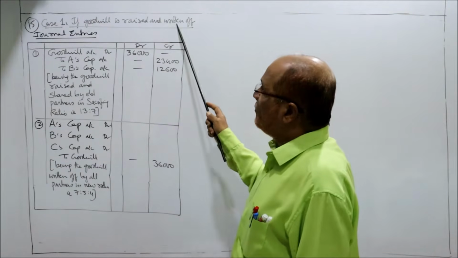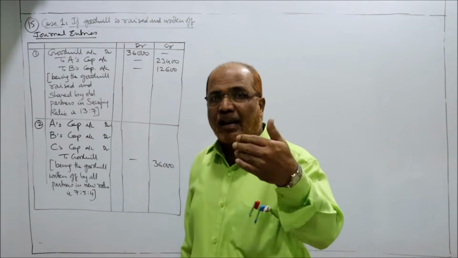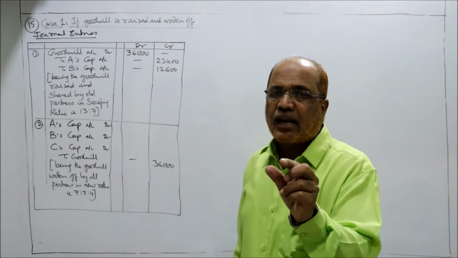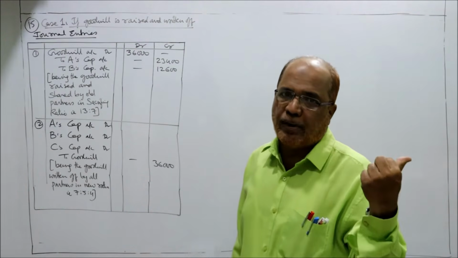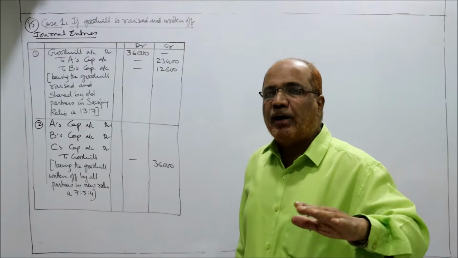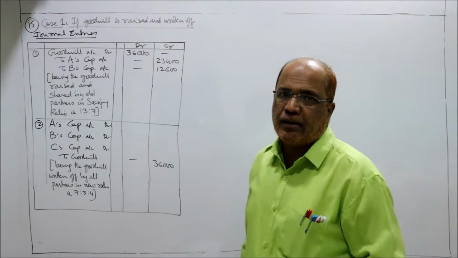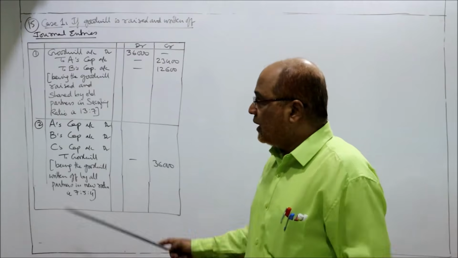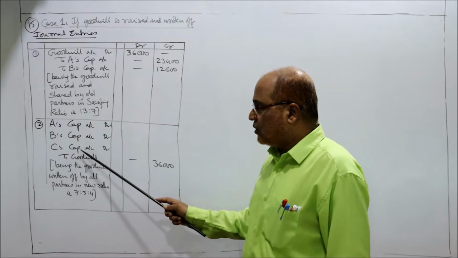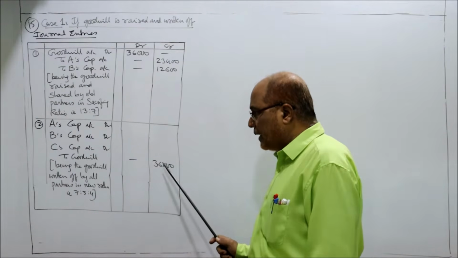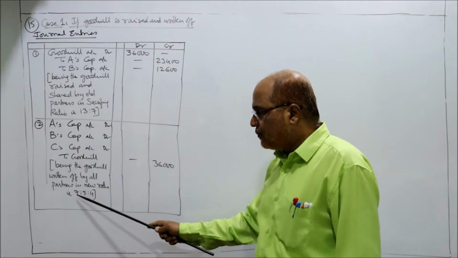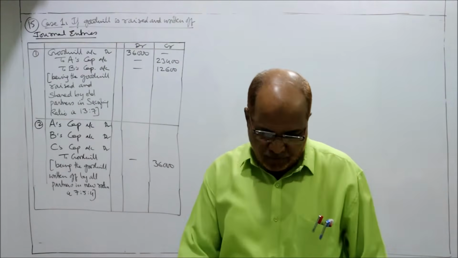And it is written off. After raising, I am saying write it off. At the time of raising, it will be shared by old partners. At the time of writing off, it will be written off by all the partners, including the new partner. So A's capital account debit, B's capital account debit, C's capital account debit to goodwill 36,000. In what ratio? 7:5:4.